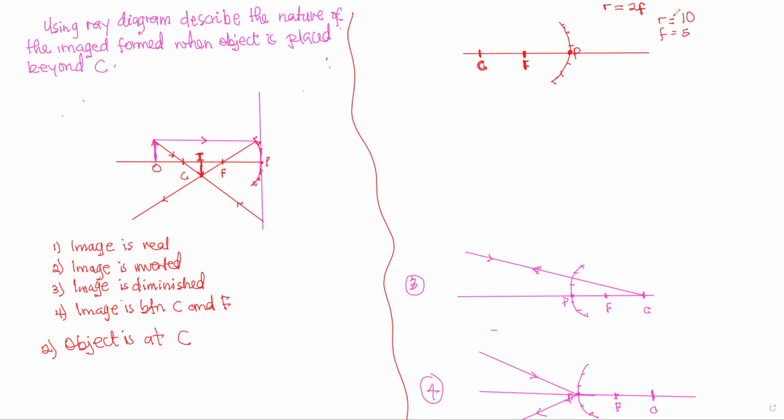Measure it accurately. Okay. So having done that, place the object at C, and use the rules. So a ray of light traveling from the object parallel to the principal axis after reflection must reflect and pass through F.